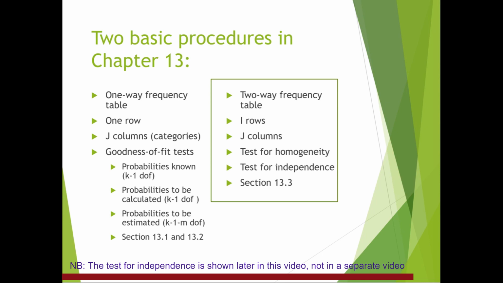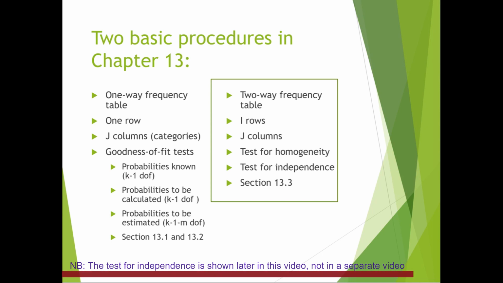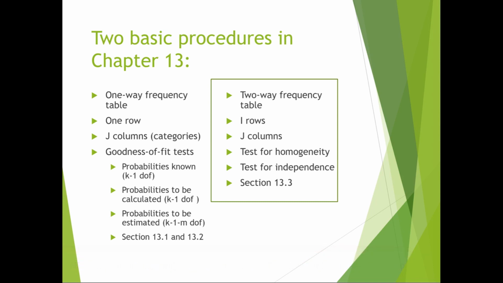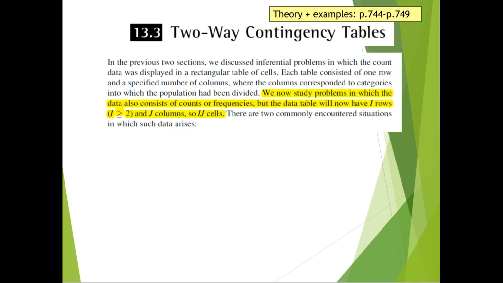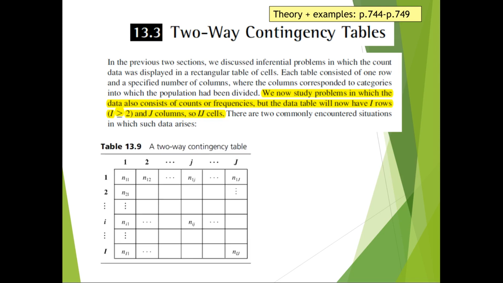But just as the basic procedure for goodness of fit tests are all basically the same, the procedure for homogeneity and independence is also very similar. It's only the point of departure for the two that's a bit different. So, what is a two-way contingency table? It is where we have counts of frequencies which we tabulate according to two factors, the one having I levels and the other having j levels.